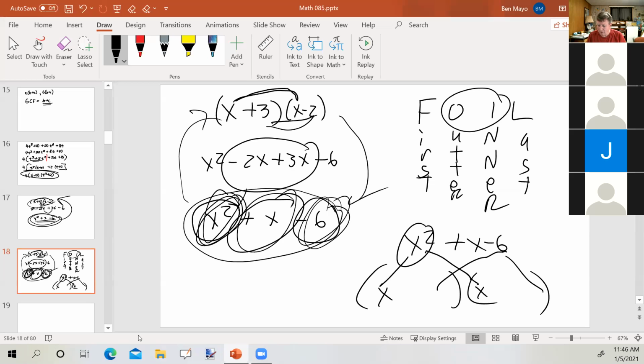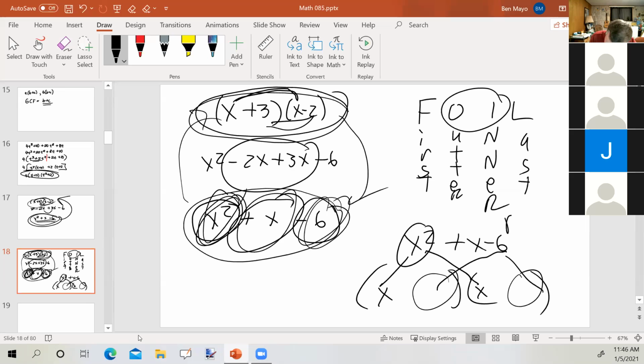But 1 times negative 6 is also negative 6. Or negative 1 times 6 is also negative 6. So, not knowing the answer ahead of time, I'm not sure what these two numbers are going to be. I need two numbers whose product, P standing for product, is negative 6.